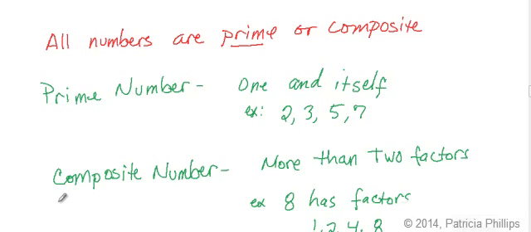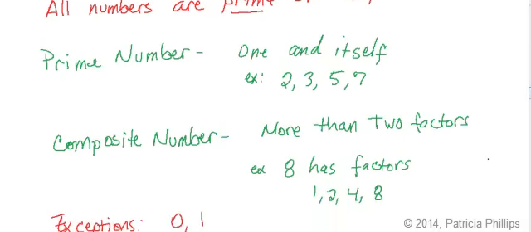So what's a composite number? A composite number is a number that has more than 2 factors. So it will have the factors of 1 and itself plus a lot of other stuff. 8 has the factors 1, 2, 4, and 8.